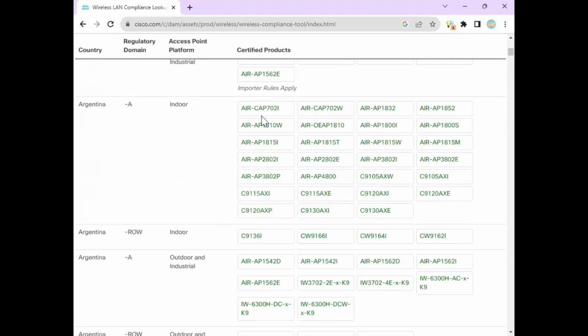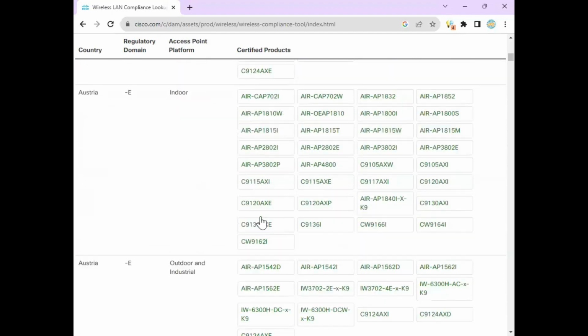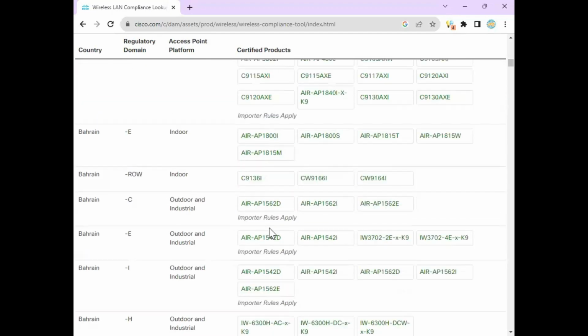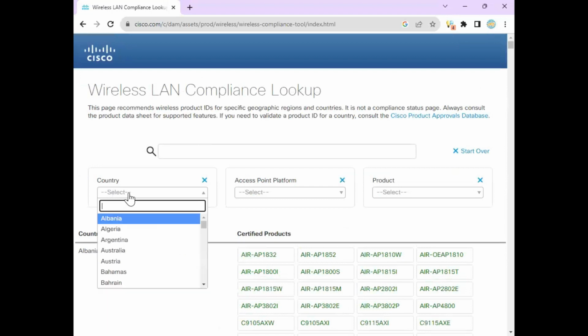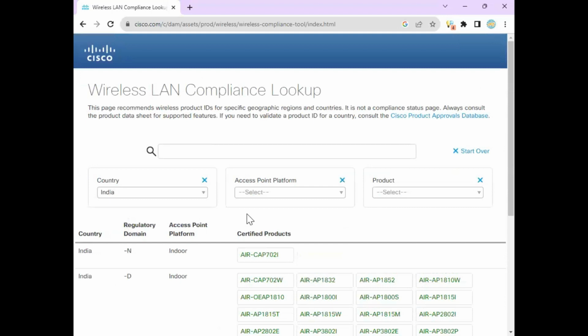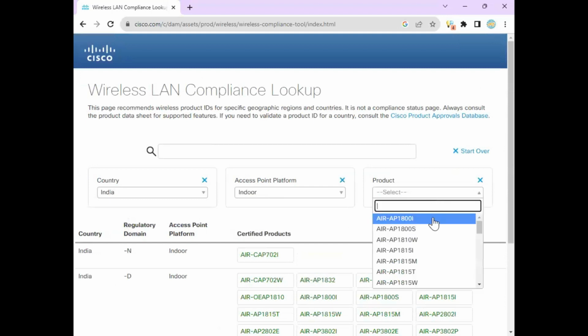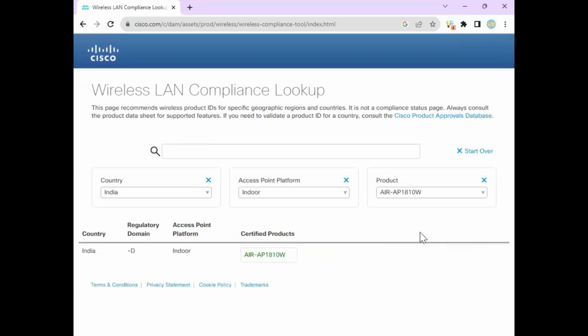So depending upon the model, you can see different regulatory domains here. Let me select India and see what it is. If I select India, which access point, indoor or outdoor? Let us say indoor. Maybe let me select any. Can you see the regulatory domain for India is minus D? Okay.